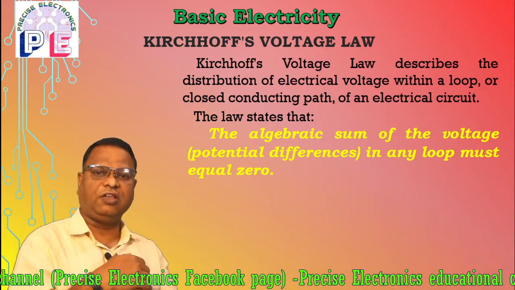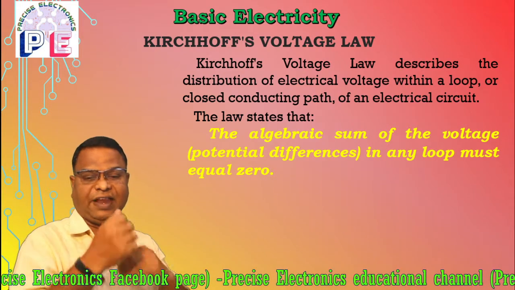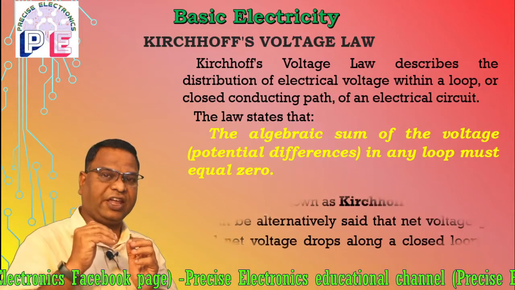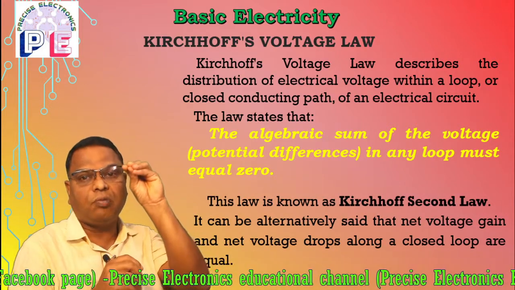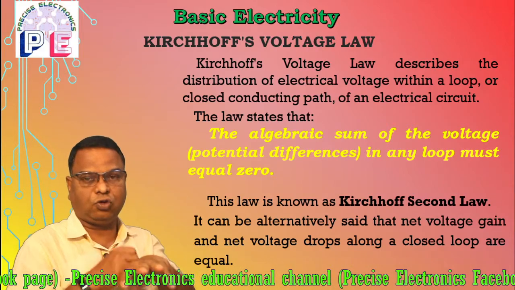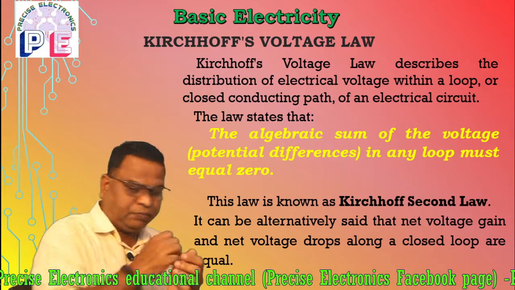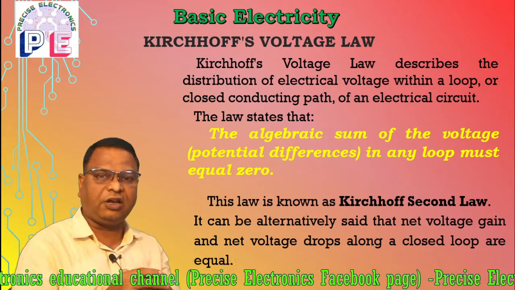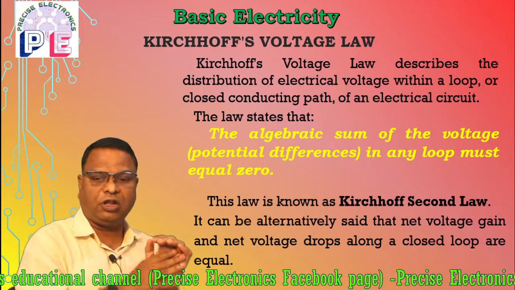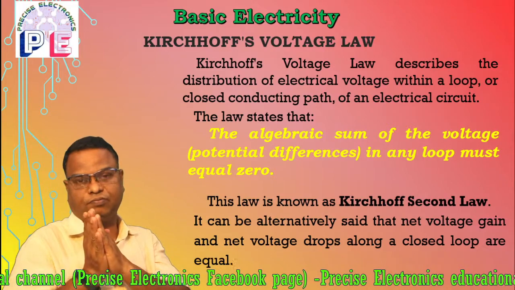It can alternatively be said that the net voltage gain, that is the net voltage applied to the circuit, and the net voltage drop, that is the potential drop across the components used in the circuit, along a closed loop, are equal.